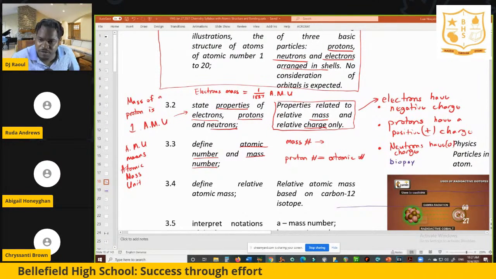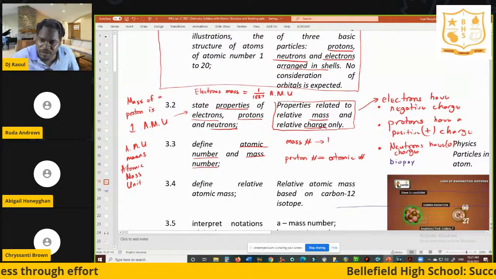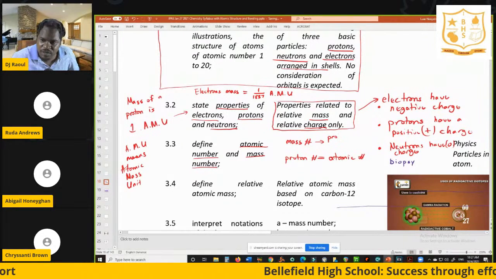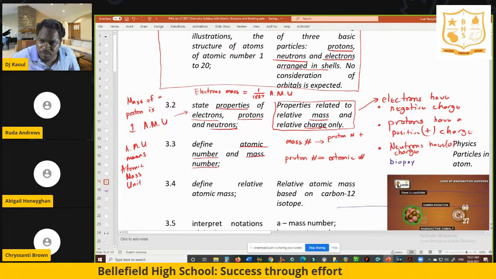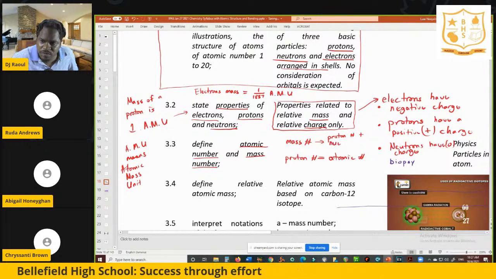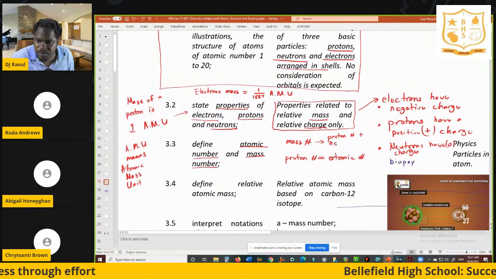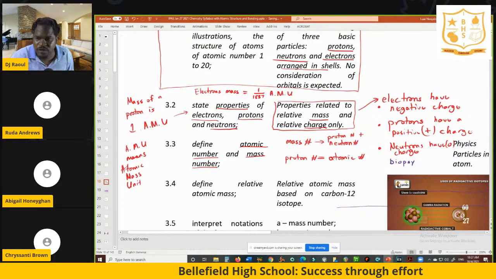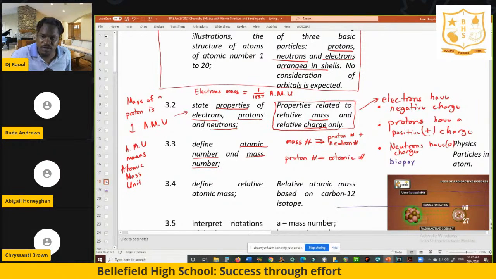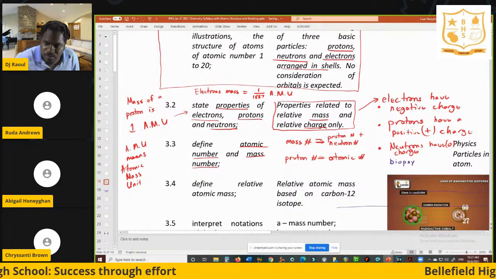So that's Chrisanti saying total number of protons and neutrons. So mass number is defined as the proton number plus neutron number. Neutron is spelled wrong here. All right, so that is it. Mass number is equal to the proton number plus the neutron number.